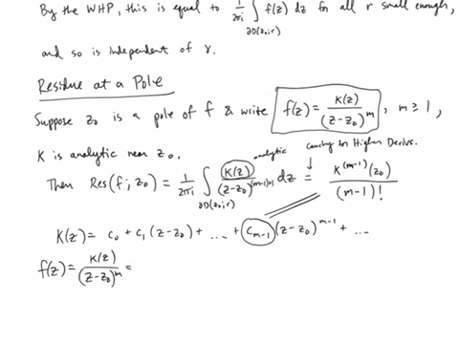That's c0 over (z minus z0) to the m plus dot dot dot plus c sub m minus 1 over (z minus z0) plus c sub m plus c sub m plus 1 times (z minus z0) plus dot dot dot.